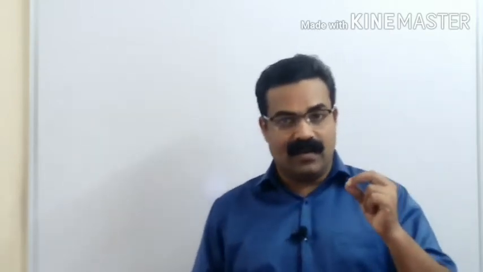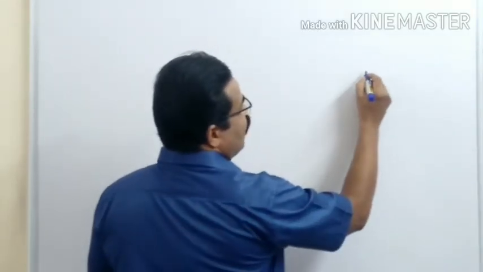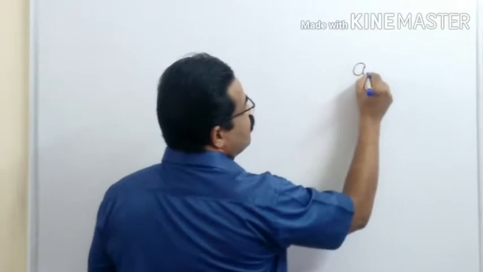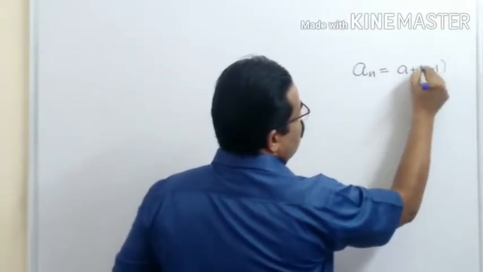Two very important formulas we have seen in relation to AP. The first one was an. Let us write it here, students. an is equal to a plus (n minus 1) into d.